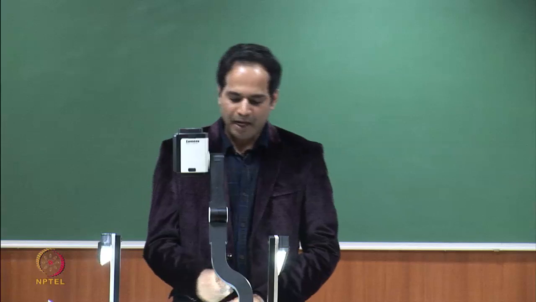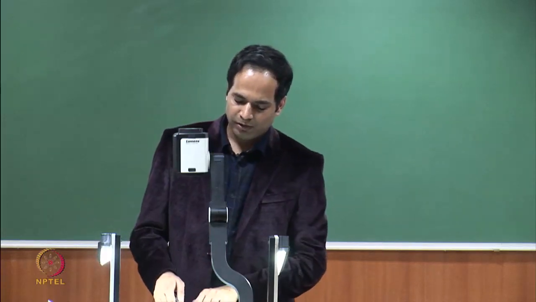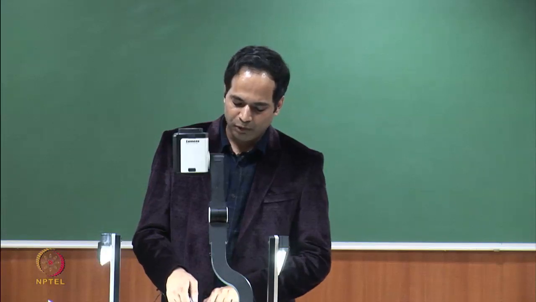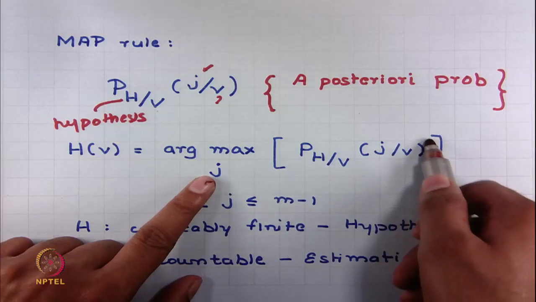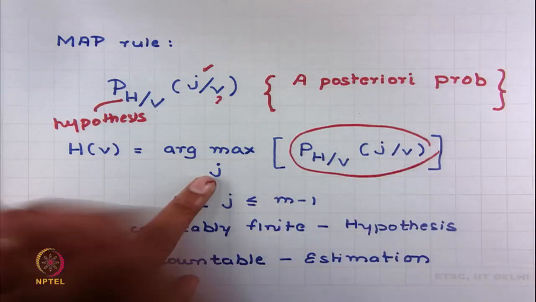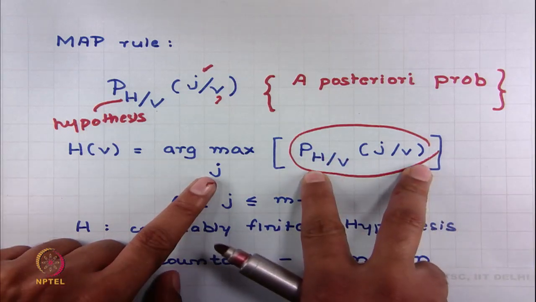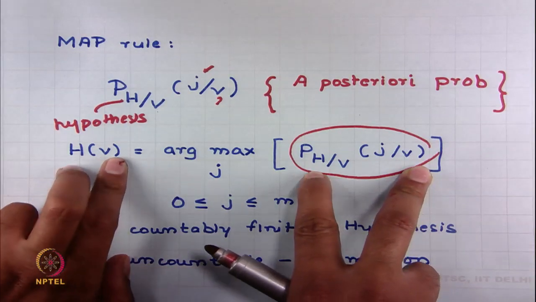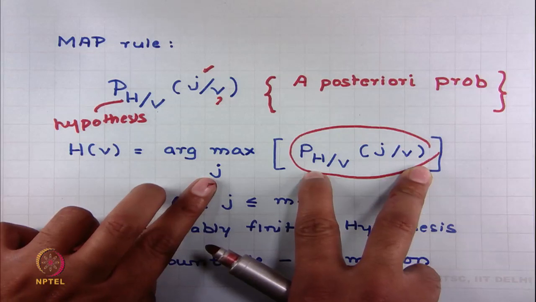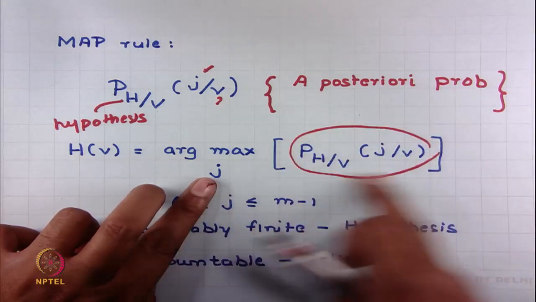And the MAP rule says that I want to find the hypothesis J for which this a posteriori probability is maximum. That is the MAP rule. This is the a posteriori probability, and I want to select the hypothesis for which it is maximum.